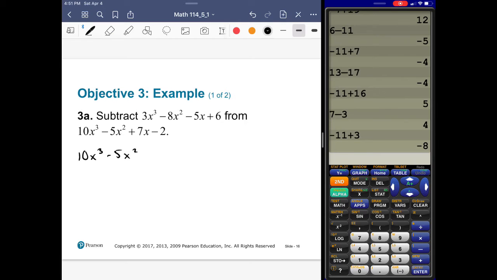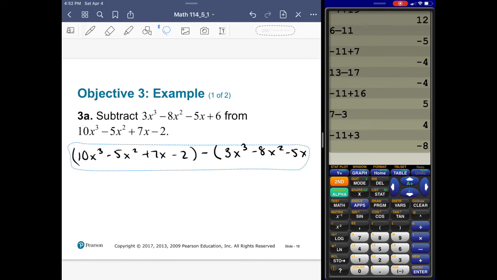So we have 10x cubed minus 5x squared plus 7x minus 2. This is my first term. I'm subtracting, so that's a minus. 3x cubed minus 8x squared minus 5x plus 6. Let's make that a little bit smaller so we fit better.